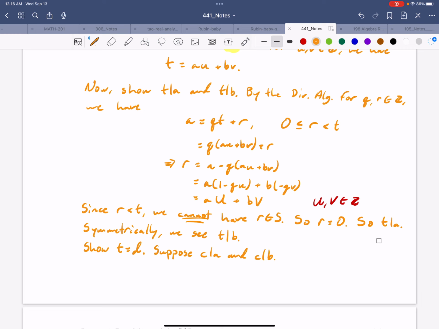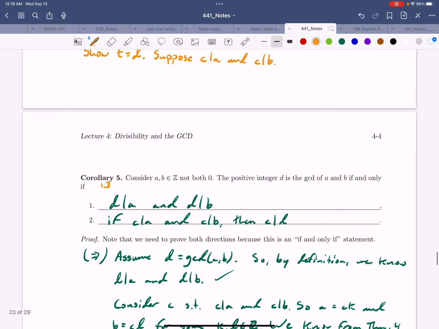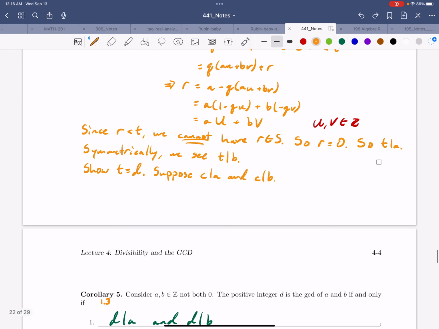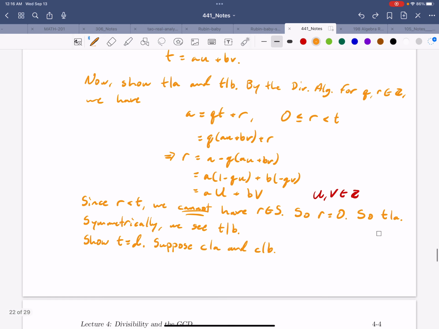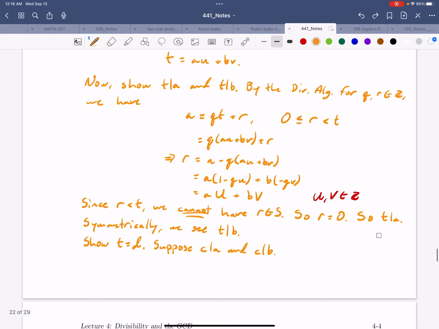Now we want to show that c is less than or equal to t. That's the other part of the GCD. You might recall that further on, we actually proved something a little bit stronger: we need to just show that c divides t. But because we didn't prove Corollary 1.3 yet, that's a corollary of this theorem, let's just prove the old-fashioned way that c is less than or equal to t, okay?